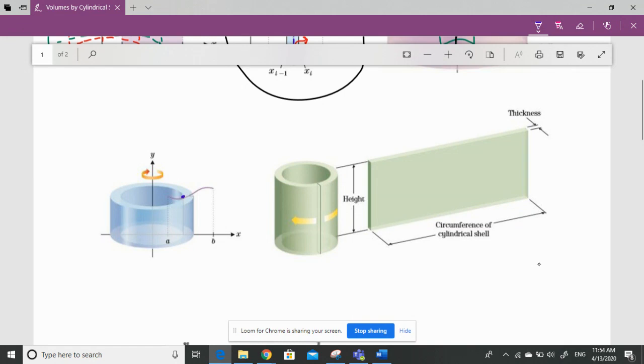As I told you before, I have r, which is ci, and I have h, which is f of ci.